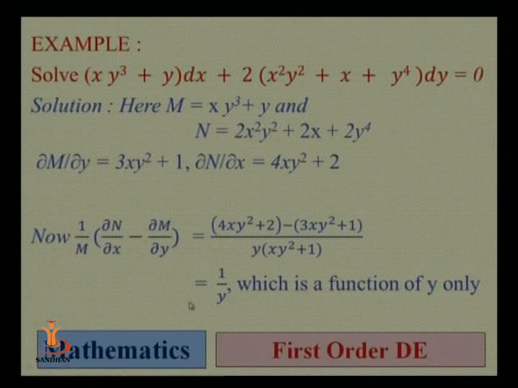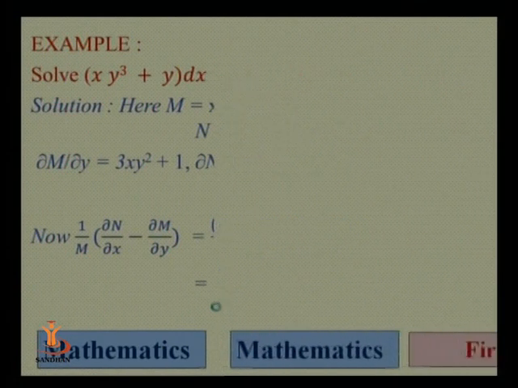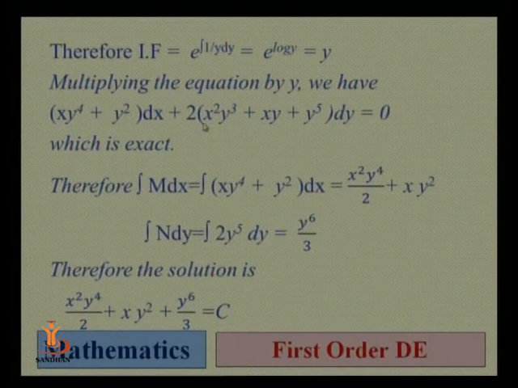So we have this value, which is only a function of y, and multiplying it to the whole equation, we take the integrating factor e raised to that 1 by y dy, so log y. Multiplying with this, the equation is exact. Then if it is exact, we have the general solution. Therefore we have this solution.